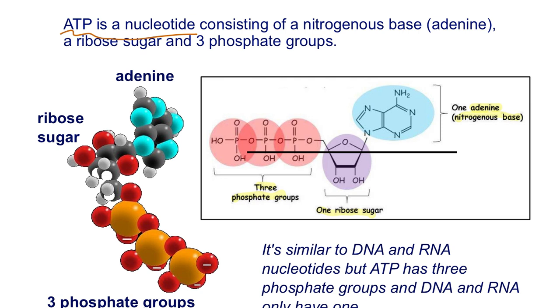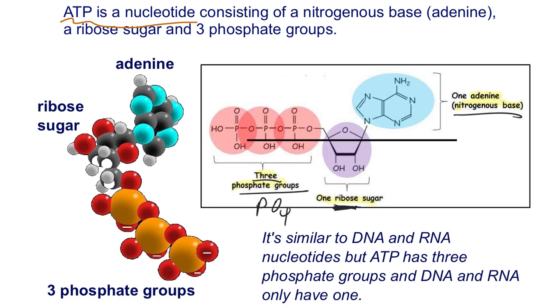Okay, so we have a nitrogen base, adenine, which is like part of a nucleic acid. We got ribose sugar, the same sugar that's in RNA. And then we got that ribose connected to the three phosphate groups, PO4 groups.